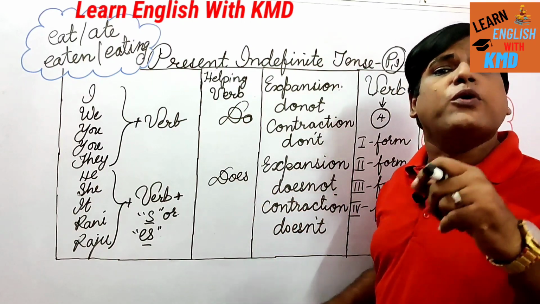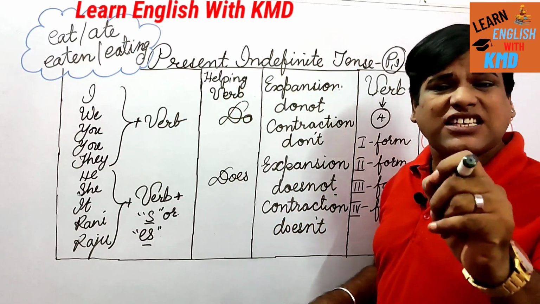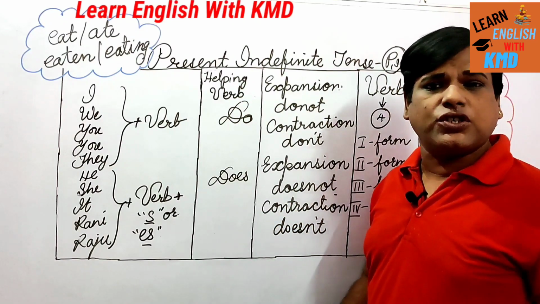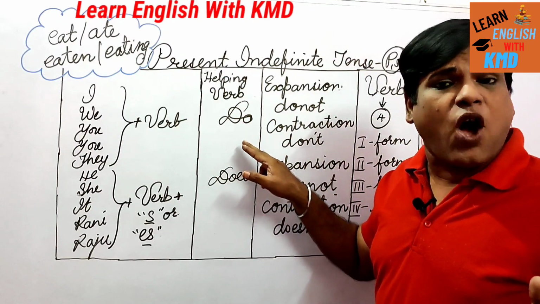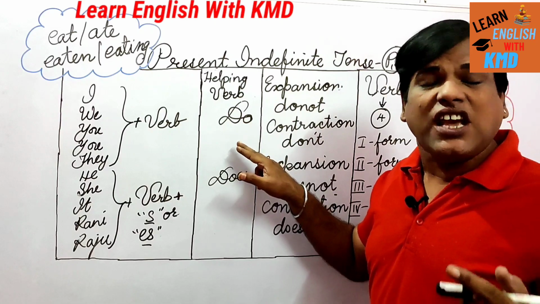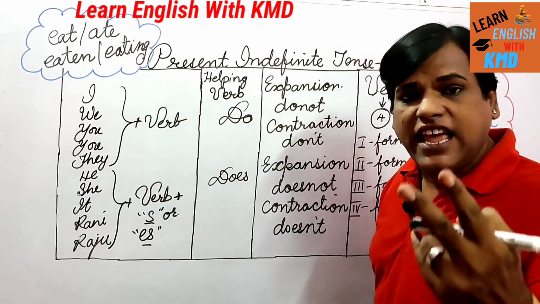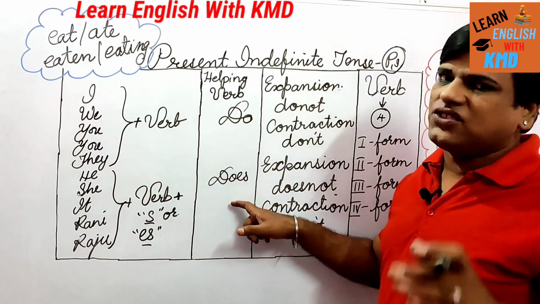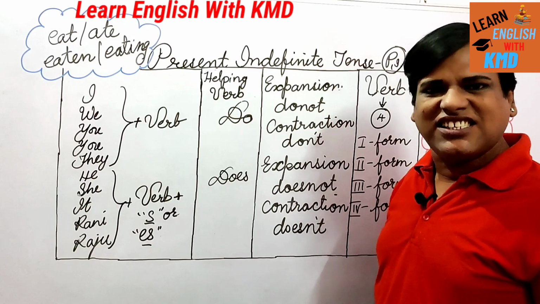Helping verbs are those verbs with which you can bring questions, you can ask questions, you can make questions, you can write questions. So how many helping verbs do we get out of present indefinite tense? Well, there are two helping verbs out of present indefinite tense, and they are do and does. Let's talk about do first, and then we'll talk about does in detail.